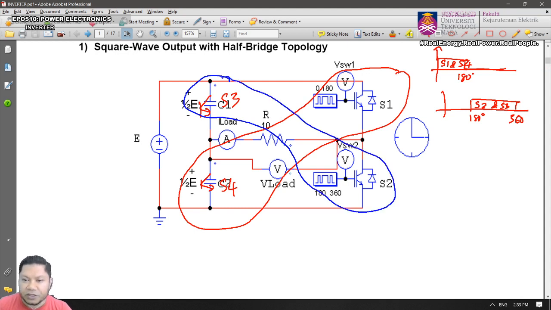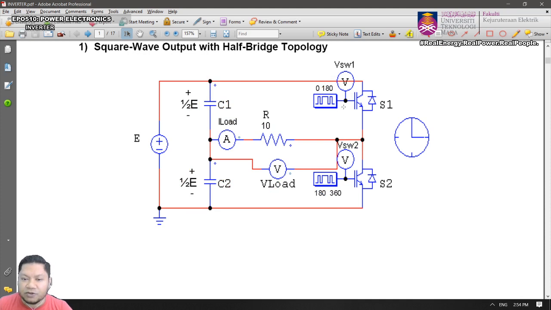So whenever S1 and S3, so I'm going to put that S3, S2 and S4 will be off. Sorry, this is S4. Sorry for that. I say this is S4. So whenever S1 and S4 are on, this is on, this is on, so it will appear as a short circuit, isn't it? So it will appear as a short circuit here.